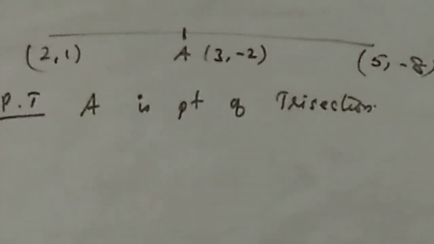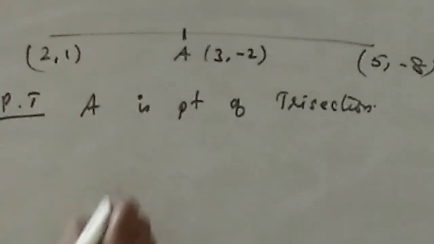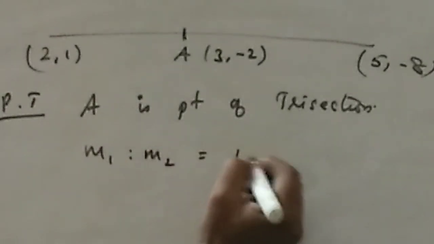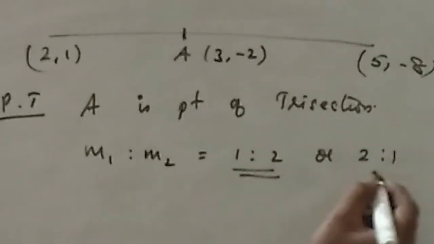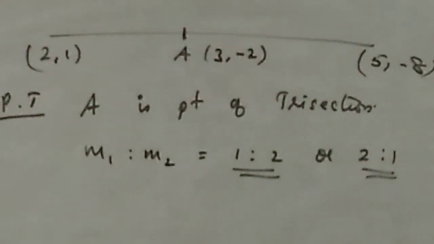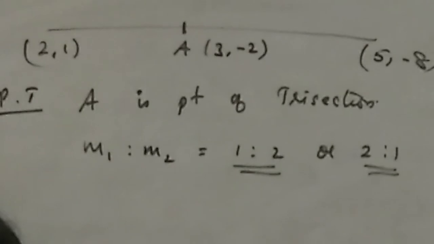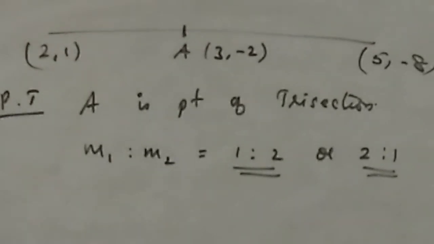Okay, trisection. So what you have to do? We have to prove that the ratio m1 to m2 is equal to 1:2 or 2:1. If you prove this, then we can say A is a point of trisection.